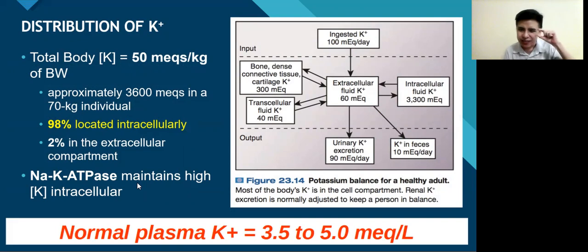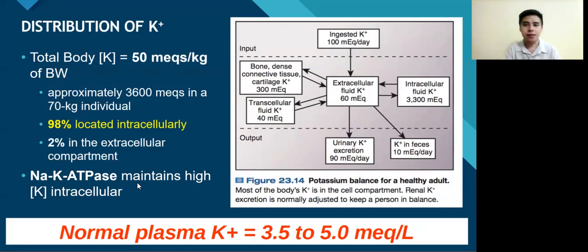Potassium is just 3.5 to 5.0, which is a 1.5 difference. So a little bit of an increase will cause a problem, and a little bit of a decrease will cause a problem already. The normal value is very narrow. That's why the kidney is very sensitive, very possessive, making sure that the normal value of potassium is within the normal limits.